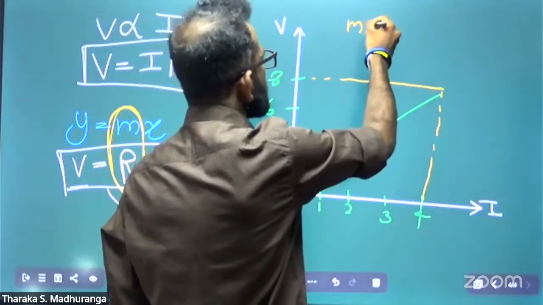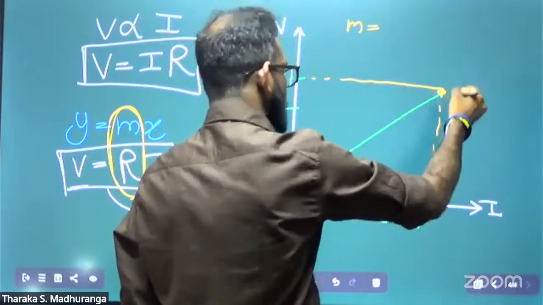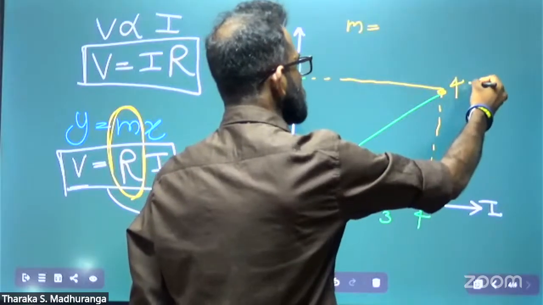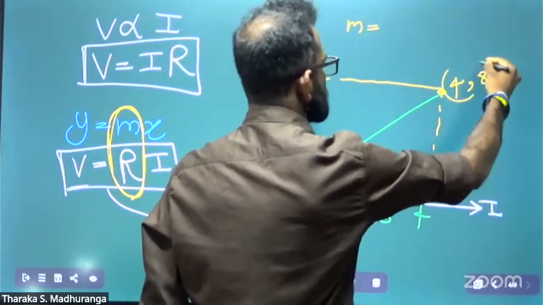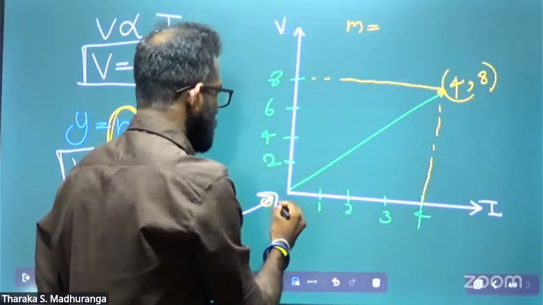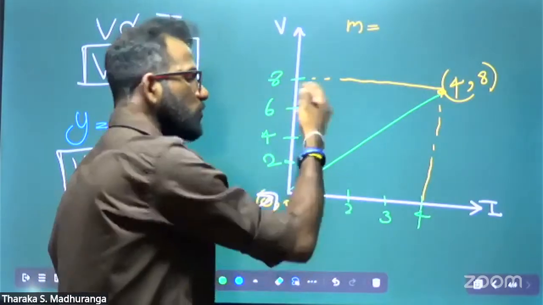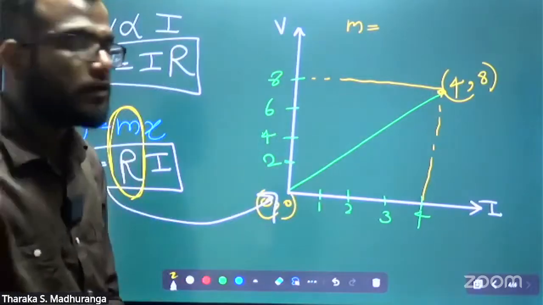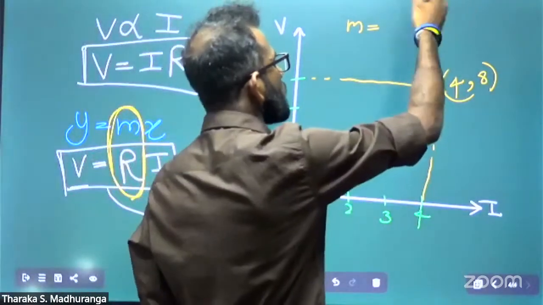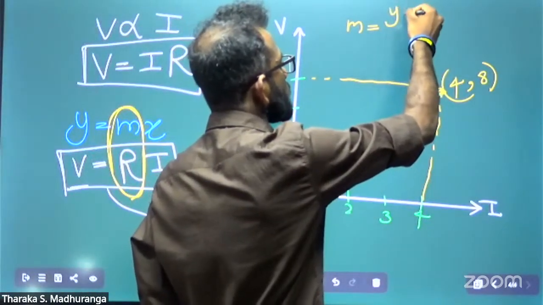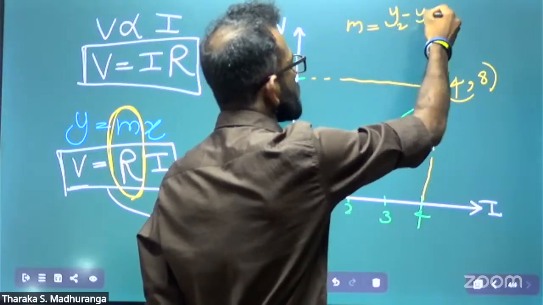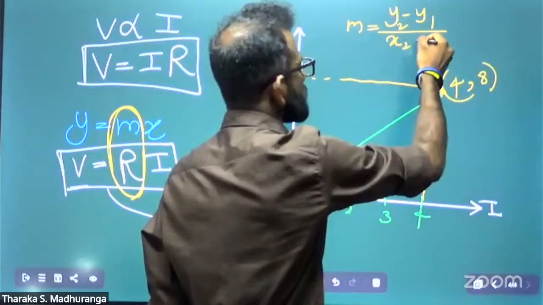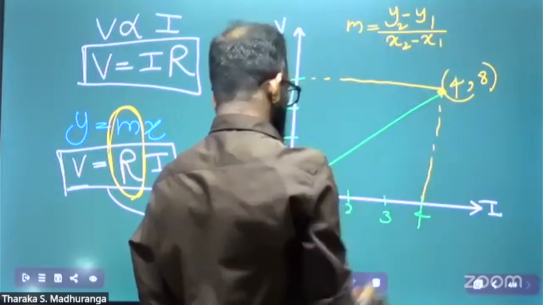The gradient equals: think this point has x value 4, y value 8. This point is 0, 0. Then I know two points, so we can get the gradient according to Cartesian coordinate geometry: y2 minus y1 over x2 minus x1. This is the gradient equation.